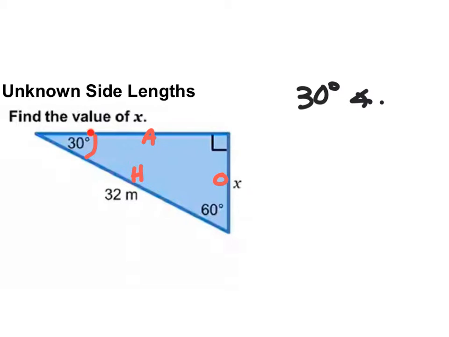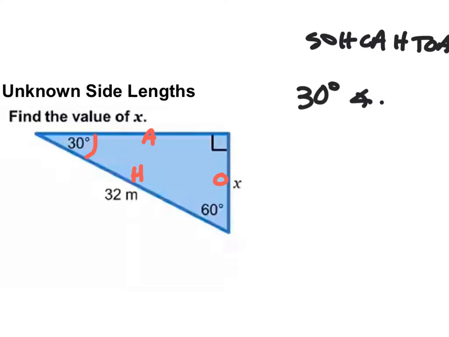Now, I don't know what my adjacent side is, but I do know what my hypotenuse is, and I'm trying to find my opposite side from 30 degrees. So this is specific for 30-degree angles. Now, if I'm looking for my opposite side and I'm given my hypotenuse, what trig function can I write using the opposite side and the hypotenuse? Remember, we still have to use SOH CAH TOA.